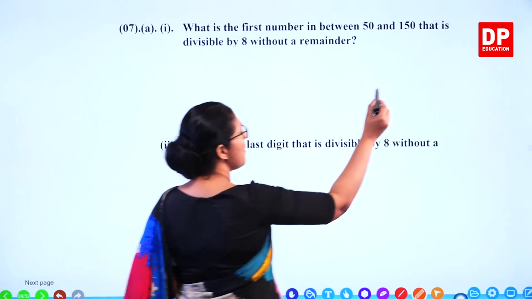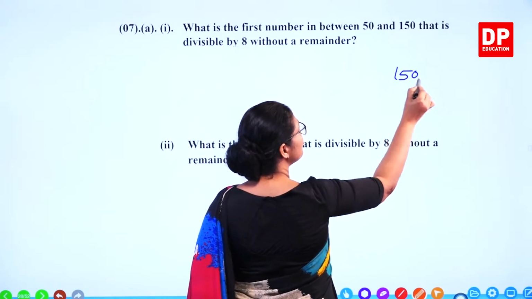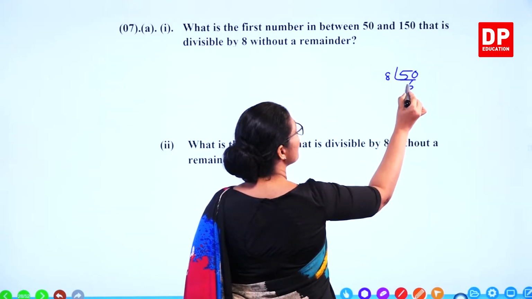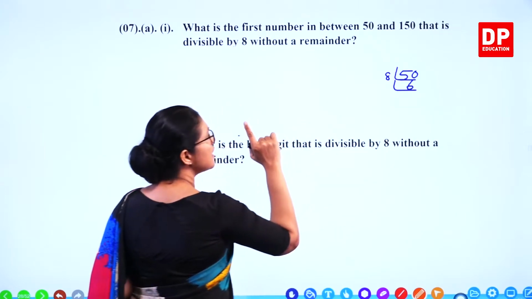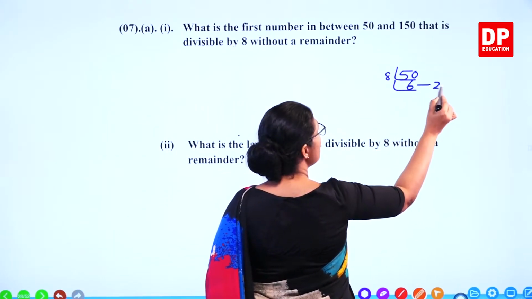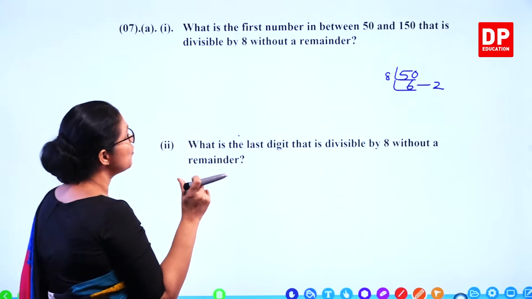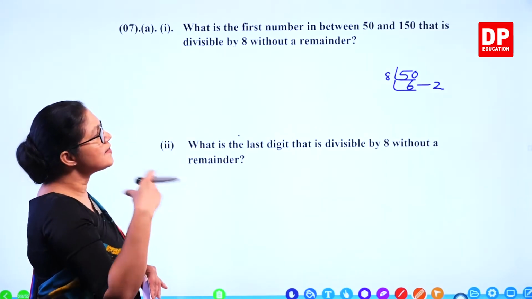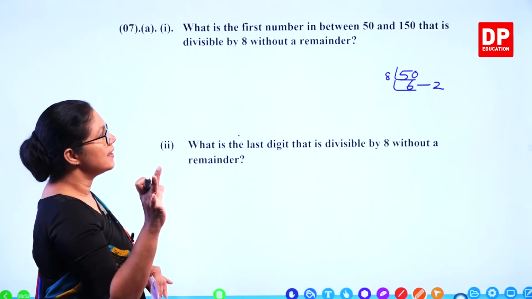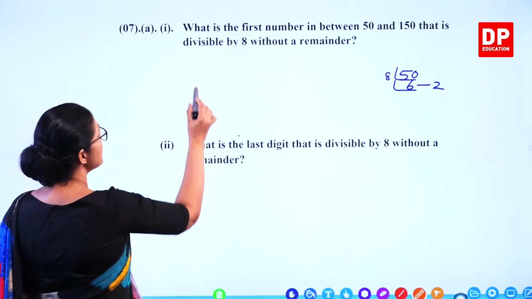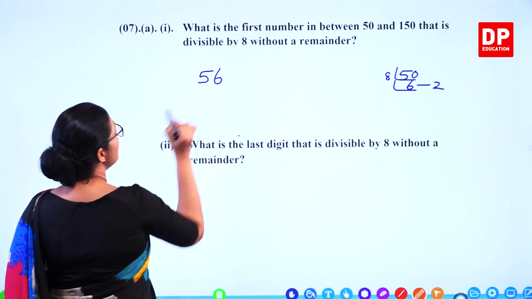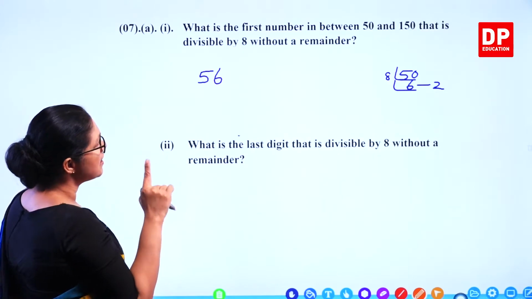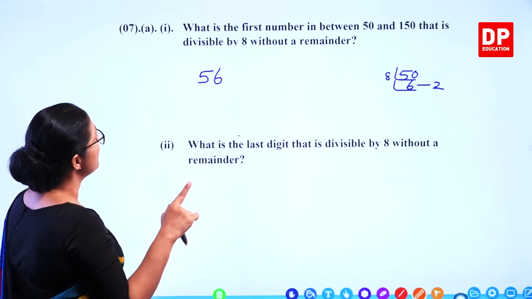We'll divide 50 by 8 and see. 48 and 2 remaining. So we need another 6 to complete 8. So 56 is the first number divisible by 8 in between 50 and 150.